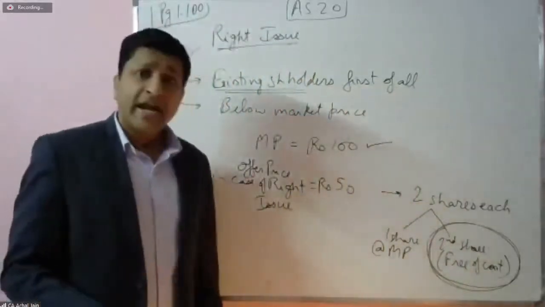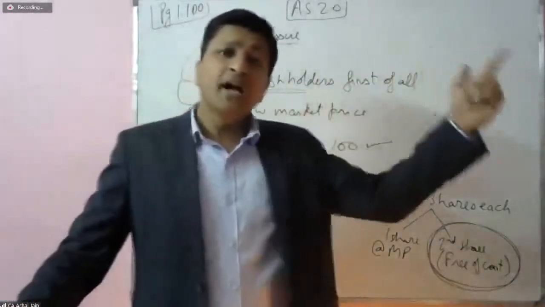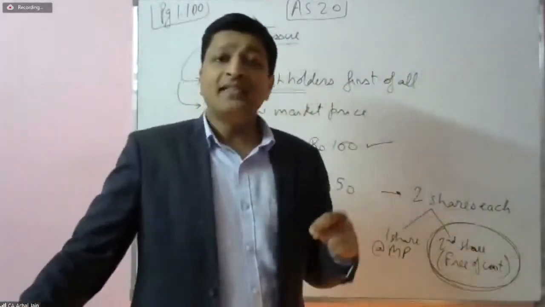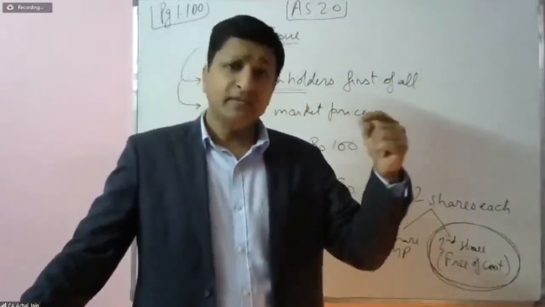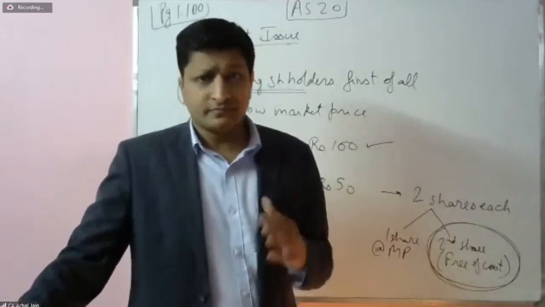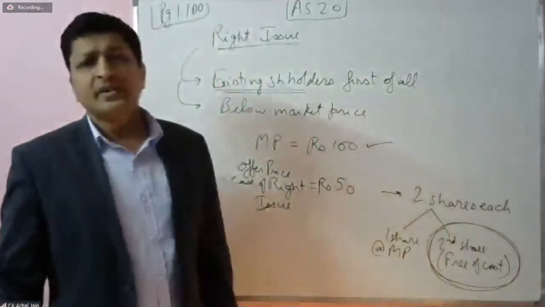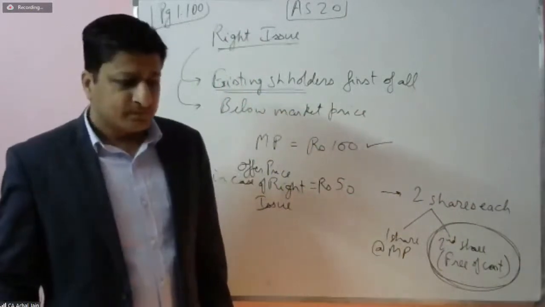Correct? And similar to the bonus issue, this adjustment will also be made in the previous year, and the EPS of last year will be recomputed. We'll have to restate the EPS. Yeah, exactly similar to the one which we did in case of bonus issue.